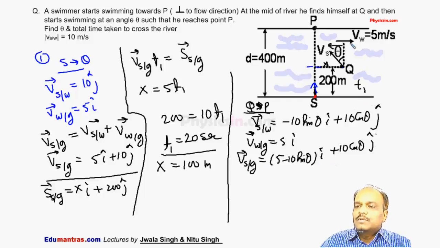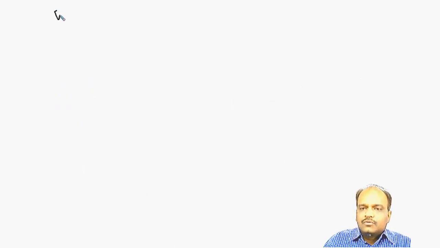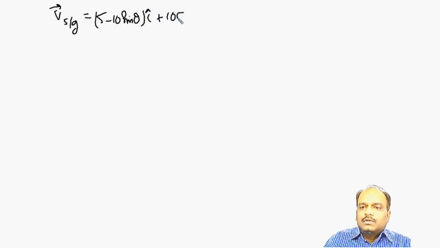Now assume the swimmer takes time t2 to reach from Q to P. So in this case the velocity of the swimmer with respect to ground is 5 minus 10 sin theta i cap plus 10 cos theta j cap.